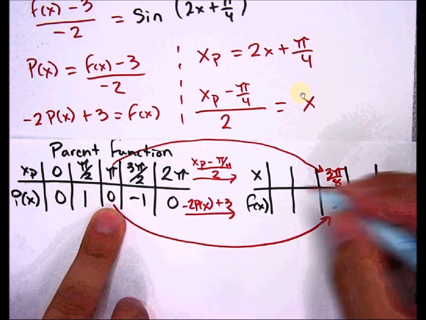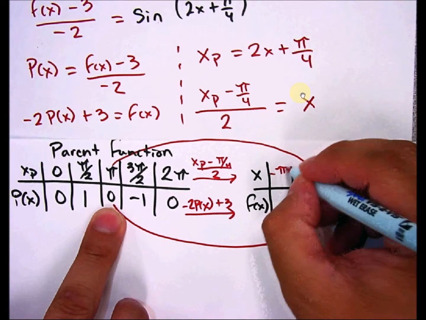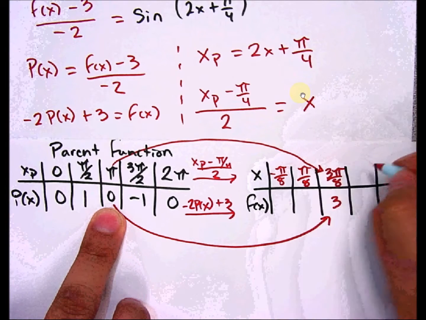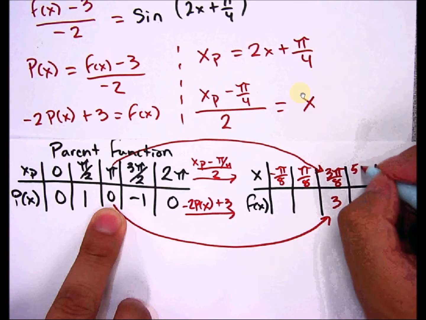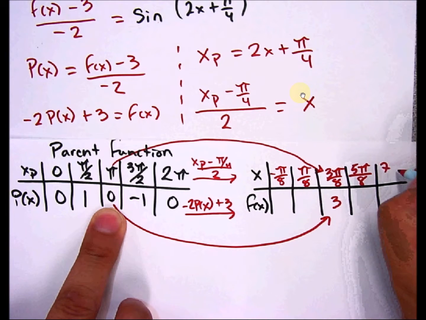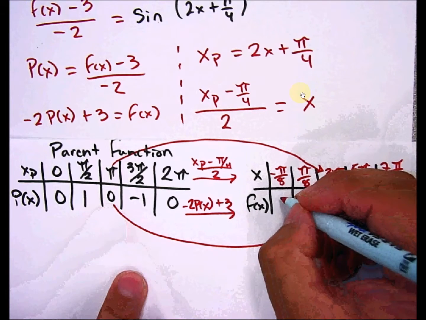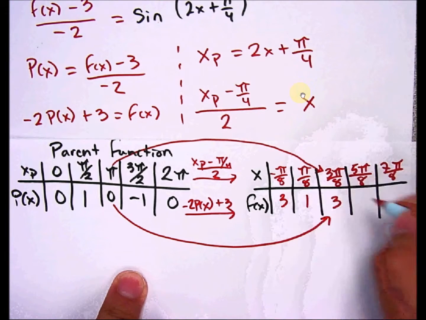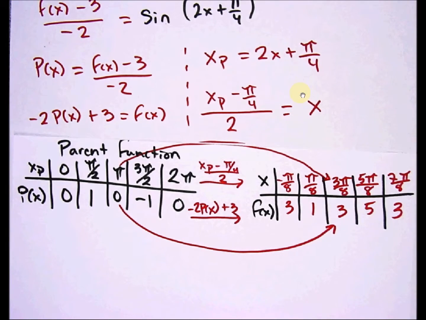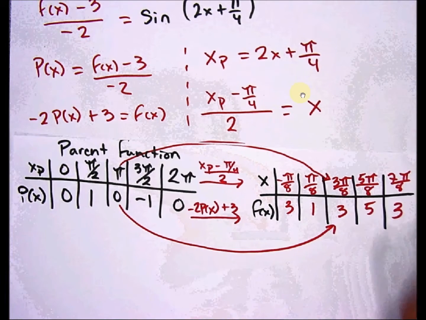Following this process for the rest of them, you would get this table right here. You definitely want to walk through the process of doing this. Of course I am cheating because I've done this ahead of time. Now we have the table for the function f of x.